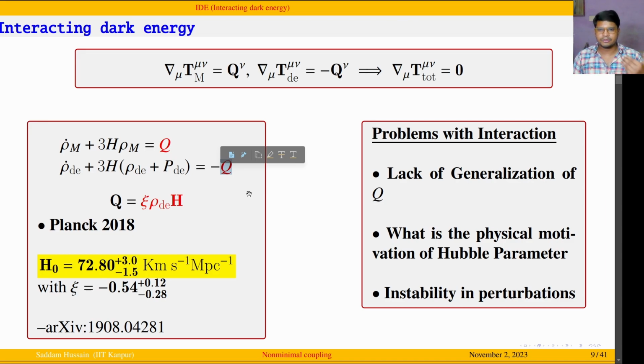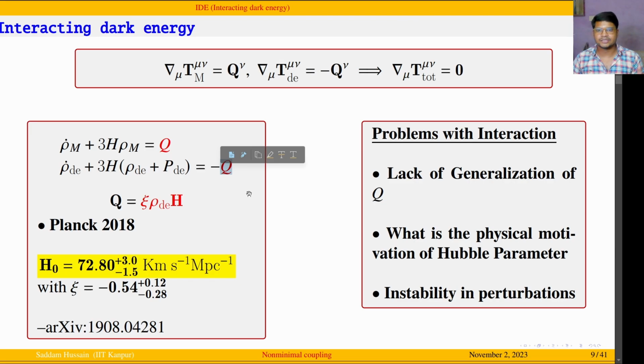So they have extremely alleviated this tension. That's why people are now more interested in this interacting dark energy. And Chi is coming out negative, which shows that the dark matter is releasing some energy to dark energy.